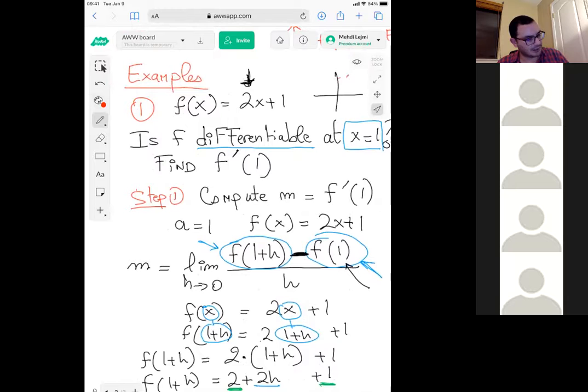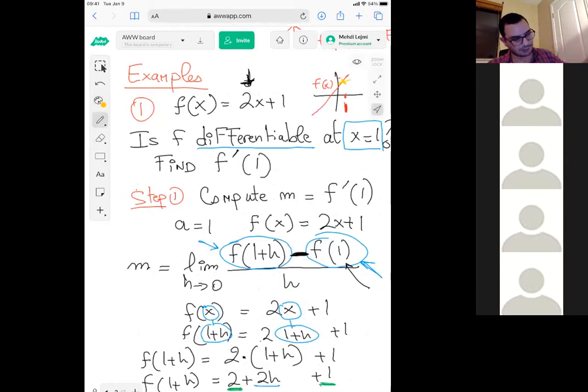So the question is, is f of x continuous at 1? If you don't want to do the definition and just check the graph, you can see here, this is 1 here. This is f of x. And at 1, the line is a straight line, right? So it's just continuous.